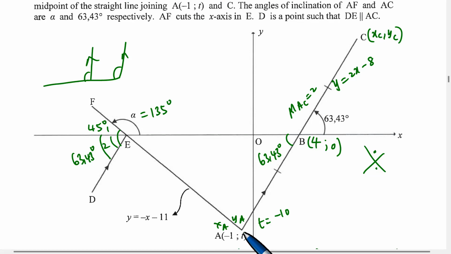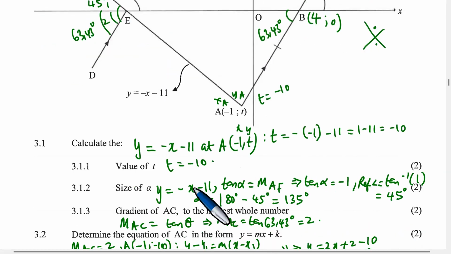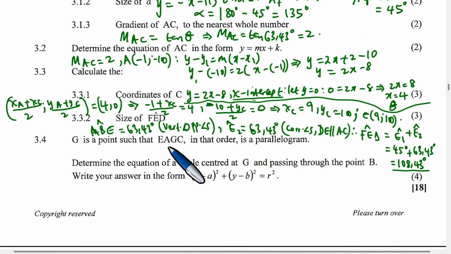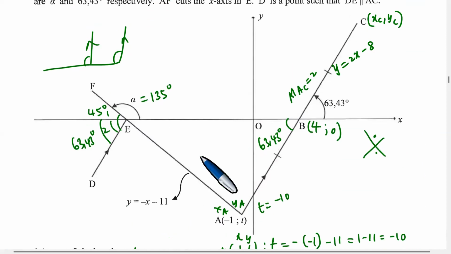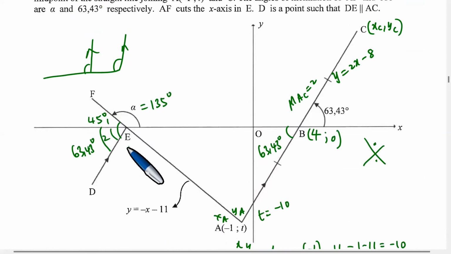Let's look at that carefully. E, A, G, C. So if you look at E, A, then there's G, then there's C in that order.